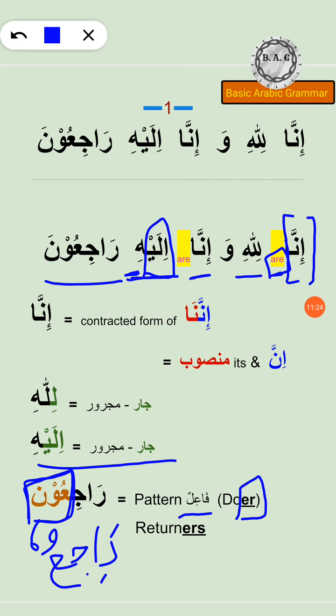That's the concept of fa'ilun as well. Since this word raji'un is on the pattern of fa'ilun, and the root word raja'a roughly translates to return, we can say that it is the returner. It would mean returners. So you can now translate it, or at least understand this entire Arabic phrase, what's going on here.